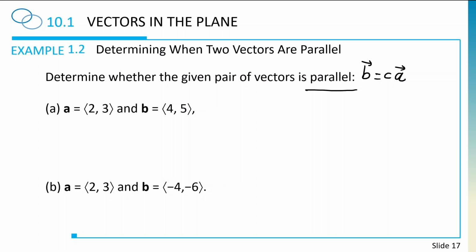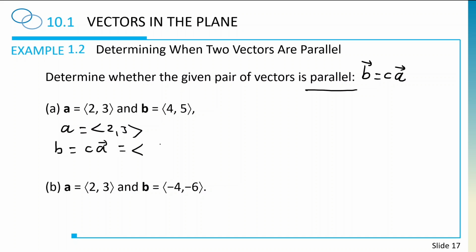The way of proving that, we can do it this way. Let's say that A is equal to (2, 3). B is supposed to be C times A. So B is equal to what?